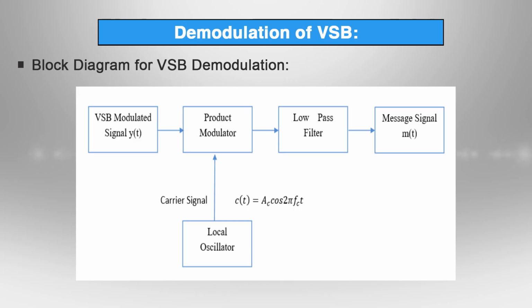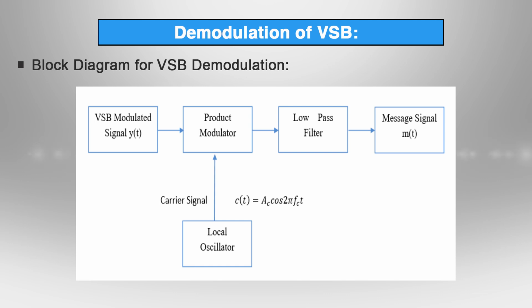Let us see the block diagram for the demodulation of the VSB signal. First, the VSB modulated signal y(t) and the carrier signal c(t) generated from the local oscillator are applied at the input of the product modulator.